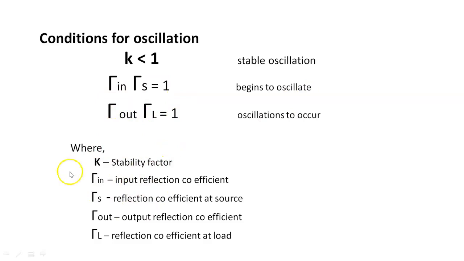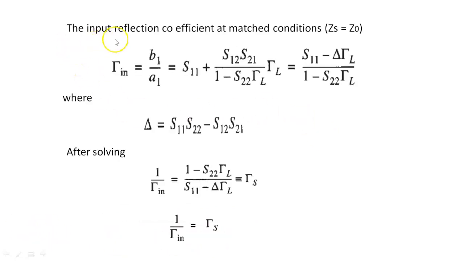In these equations, tau in is the input reflection coefficient, tau s is the reflection coefficient at the source, tau out is the output reflection coefficient, and tau L is the reflection coefficient at the load. We need to find the input reflection coefficient and the output reflection coefficient at matched conditions, Zs equals Z0, for a stable oscillation.